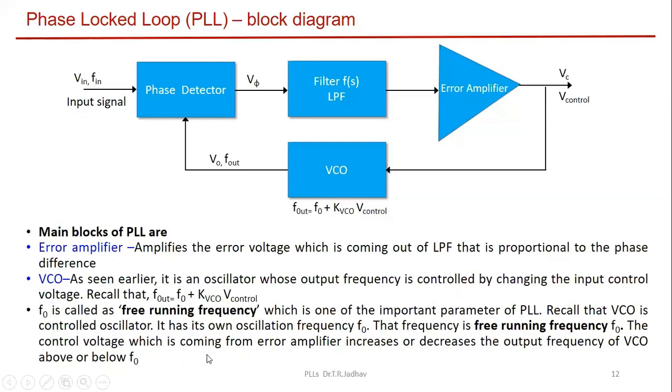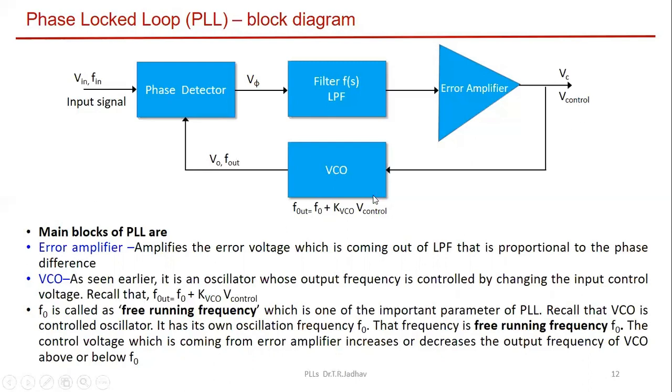The control voltage which is coming from the error amplifier increases or decreases depending upon its polarity, because Fin could be greater than Fout. When Fin is greater than Fout, the difference Fin minus Fout will be positive, and if Fin is less than Fout, then that difference may be negative. So V control may be positive or negative.